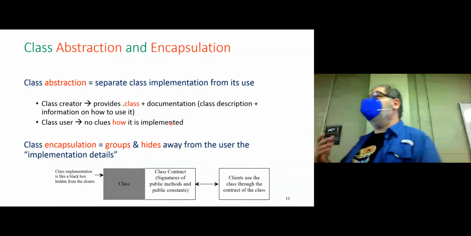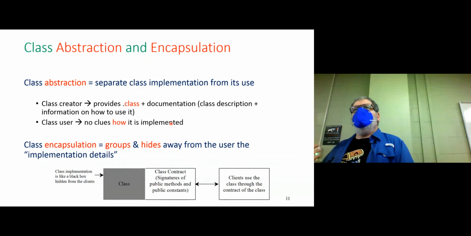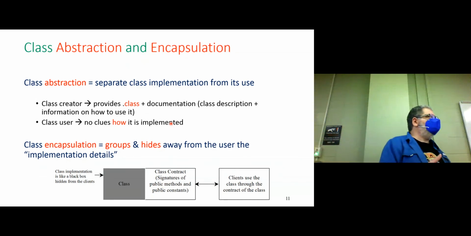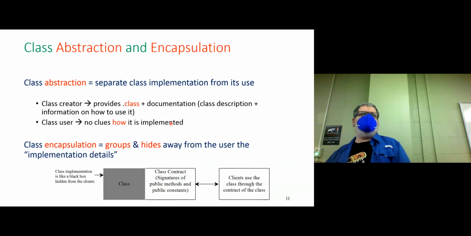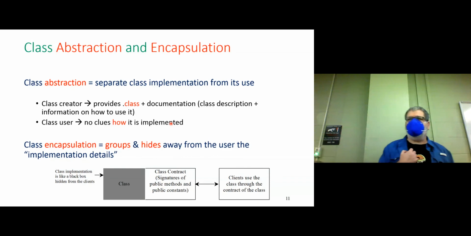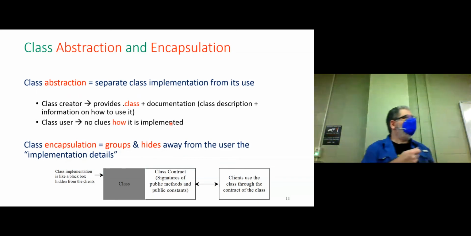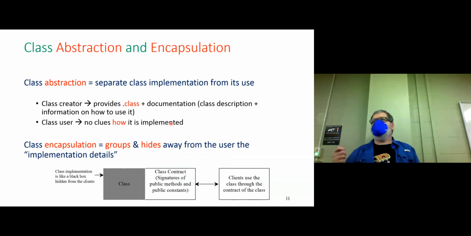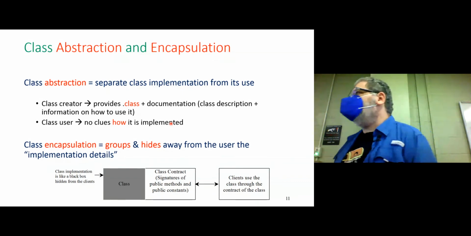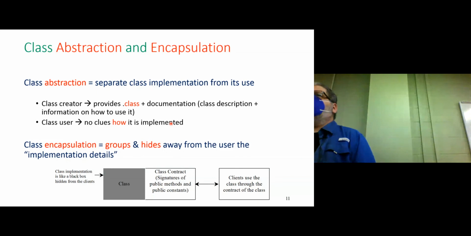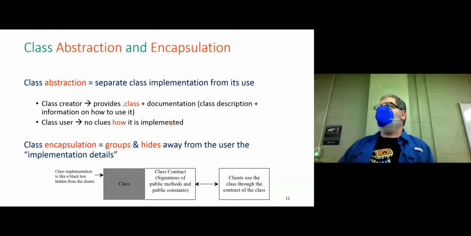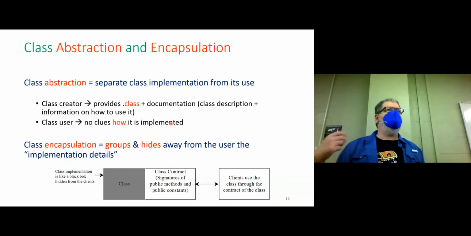So what does that mean? That means that in Java, technically, I could write a class, like the class InvoiceItem. I could compile it. Here's my .class file. So I keep the source to myself. I keep the .java file, but I give you the .class file. And I give you documentation that says, hey, these are the methods that are public in my class. These are the attributes, if any, that are public. And this is pretty much how you use a class. You construct it, the constructor expects this, and then you can call this method, it does that, this method, it does that.